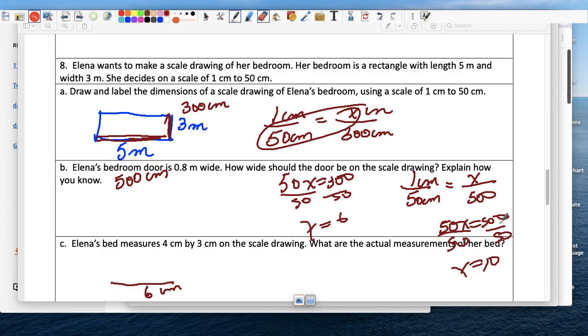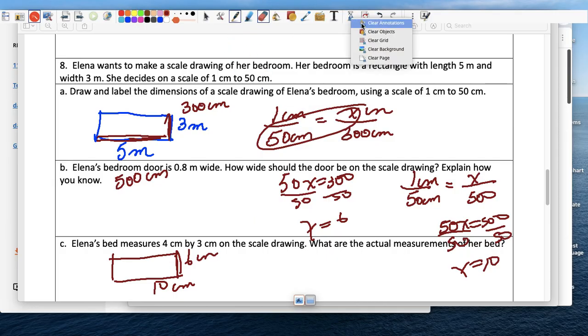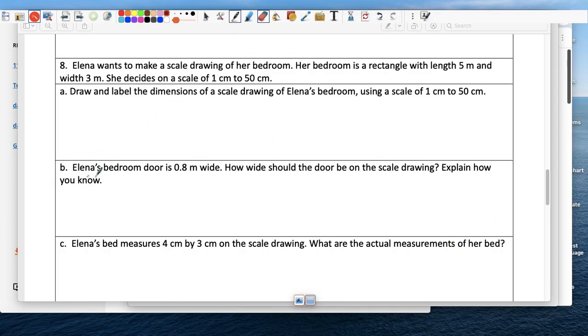So I did it backwards: this guy here is 6, and this guy here is 10. That would be in my notebook.